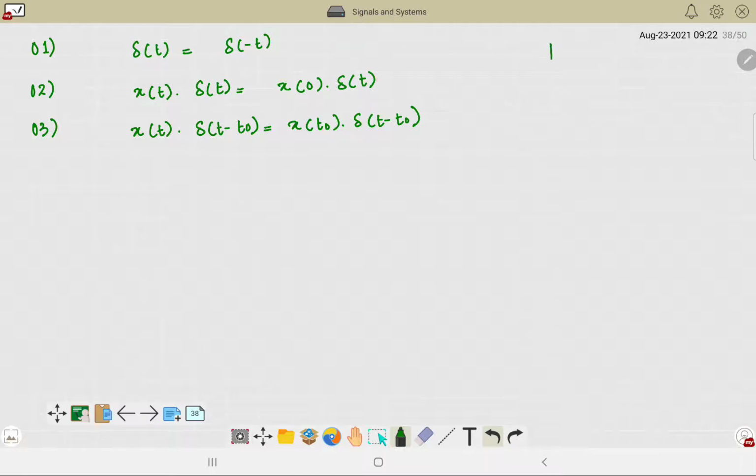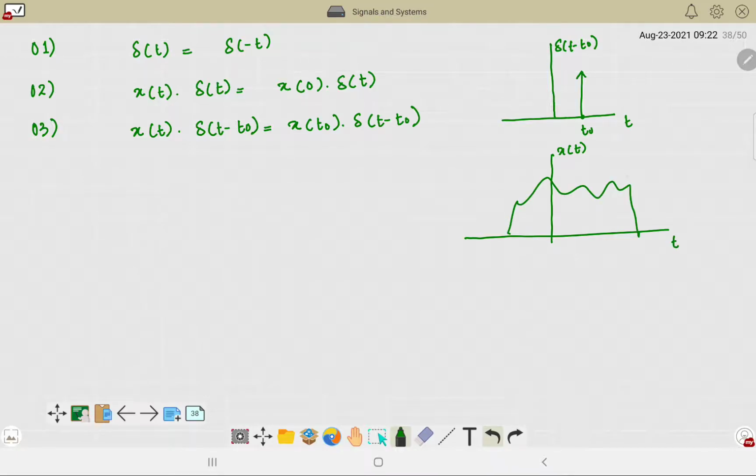It follows from this, because if you have a shifted delta function, so let this be t, there is some point t naught, it has been shifted to that point. Fine. Then if you have any arbitrary signal x of t, whatever its value, when you multiply them, only this point will remain, because everything else will be multiplied by 0, so it will be negated. Fine. So again, this property follows.